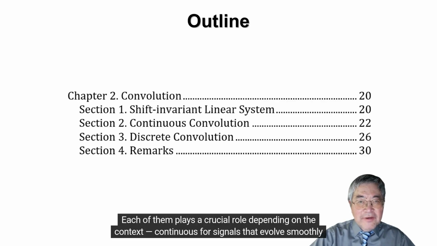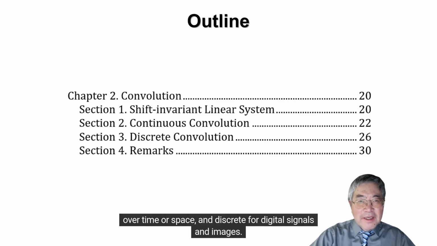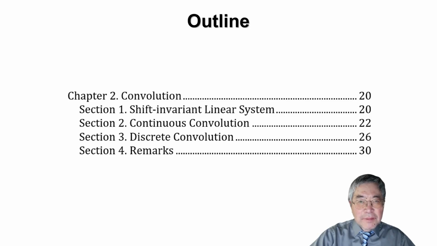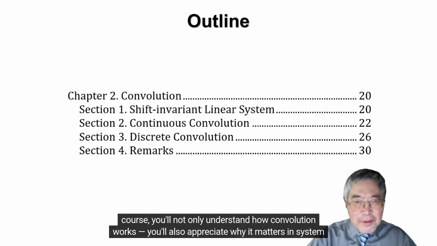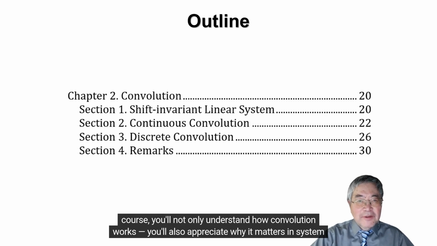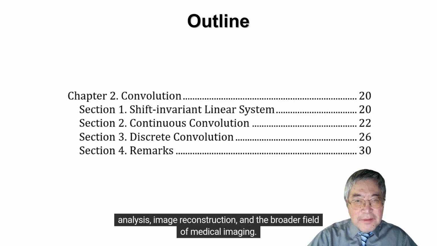Continuous for signals that evolve smoothly over time or space, and discrete for digital signals and images. Through this lecture, we'll examine both perspectives and their practical implications. By the end of the course, you'll not only understand how convolution works, you'll also appreciate why it matters in system analysis, image reconstruction, and the broader field of medical imaging.